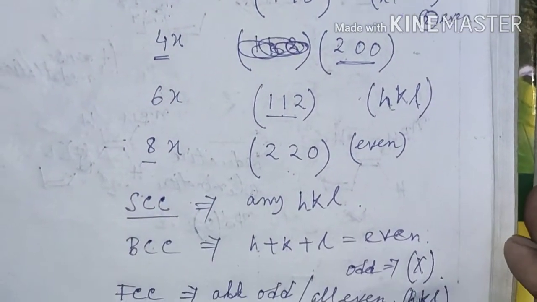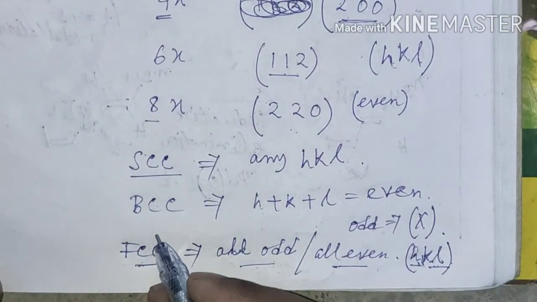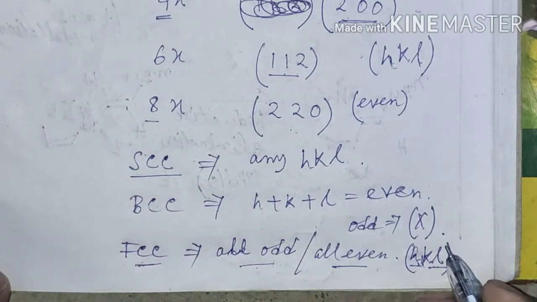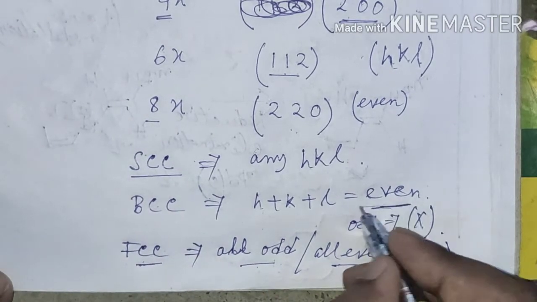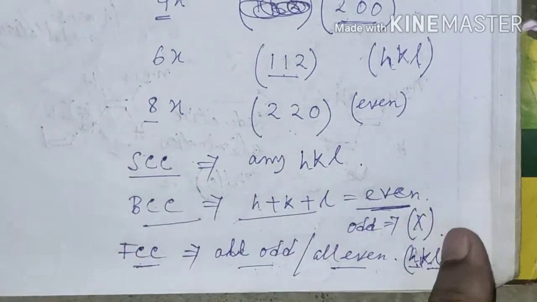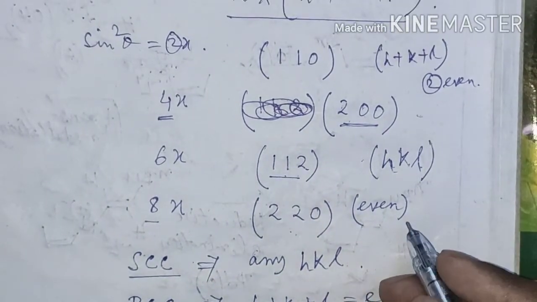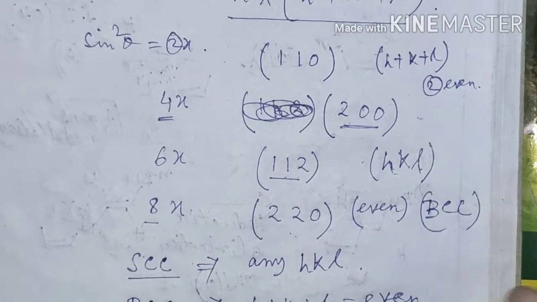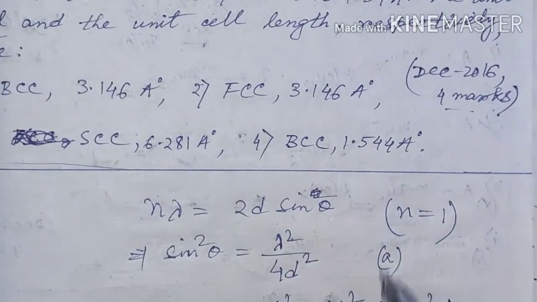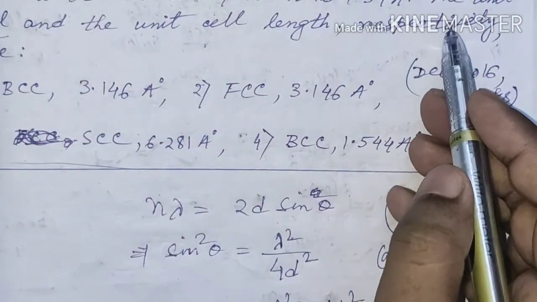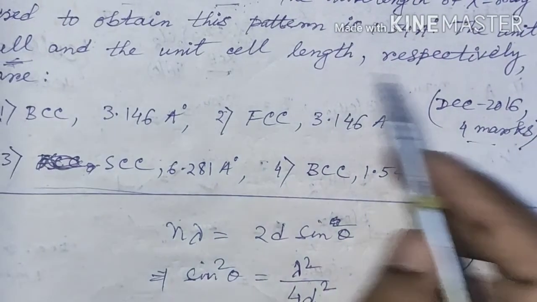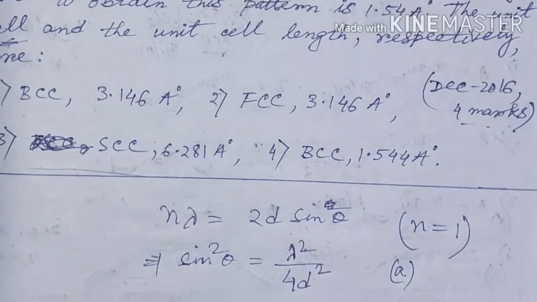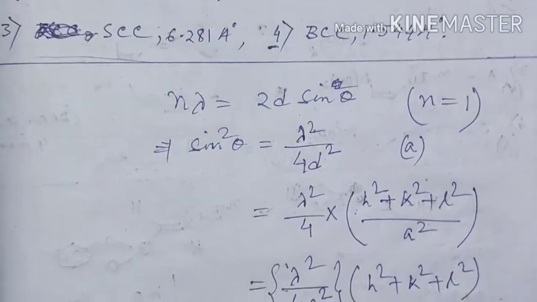So from the selection rule for reflection from a crystal plane, we can say that it satisfies this condition and the crystal lattice is BCC type. So the first condition is satisfied: the unit cell is BCC type.